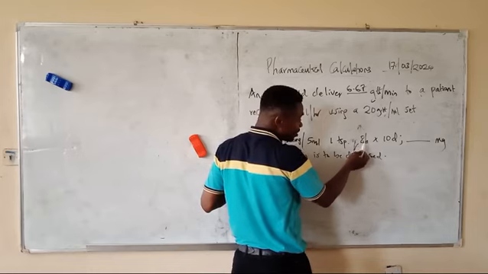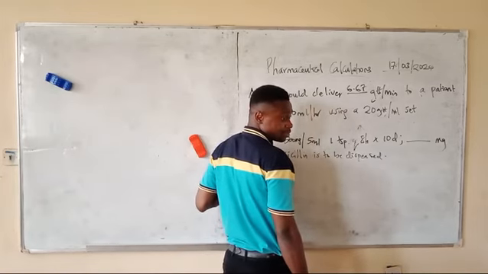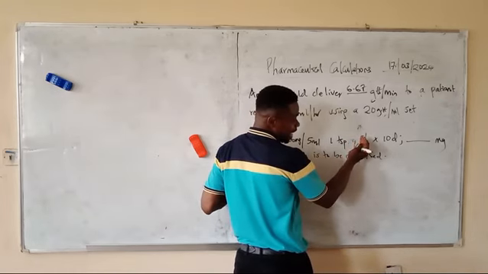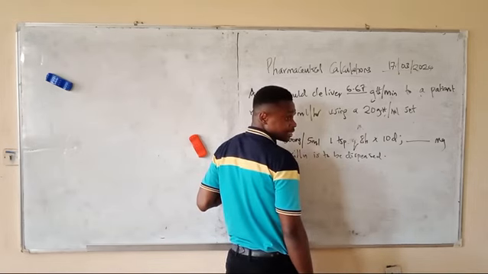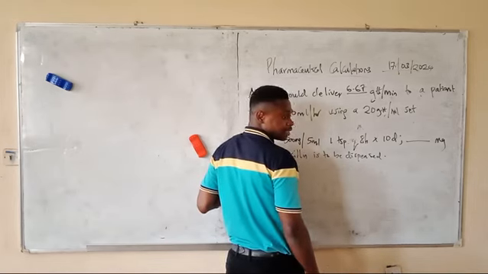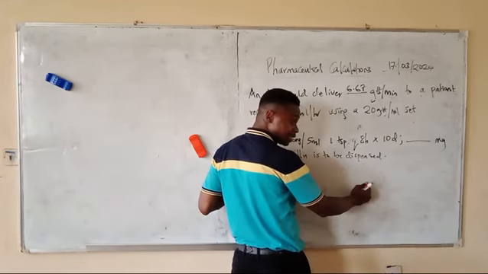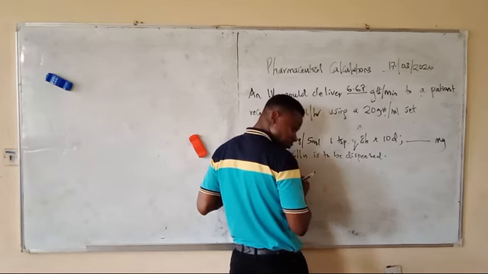So if you have every 8 hours, how many hours are in a day? 24 hours in a day. And the abbreviation says every 8 hours. So how many times in a day? There are 24 hours in a day, so divide 24 by 8.